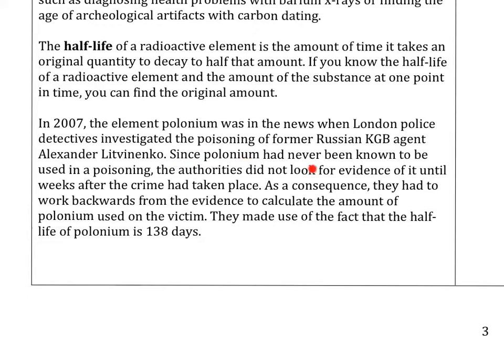Since polonium had never been known to be used in a poisoning, the authorities did not look for evidence until weeks after the crime had taken place. As a consequence, they had to work backwards from the evidence to calculate the amount of polonium used in the victim. They made use of the fact that the half-life of polonium is 138 days.